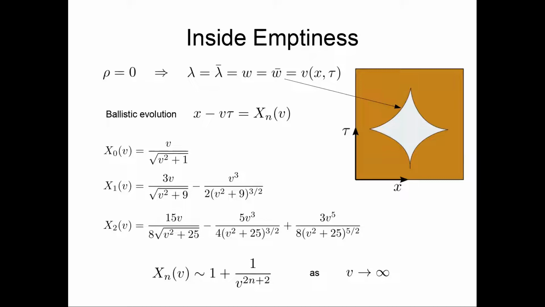It's just velocity inside the emptiness, and one can look at the ballistic evolution inside the emptiness. So what it really describes is the envelope of the trajectories which are tangent to the boundary. And one can calculate this function for all 3 known cases. And we will use these results.